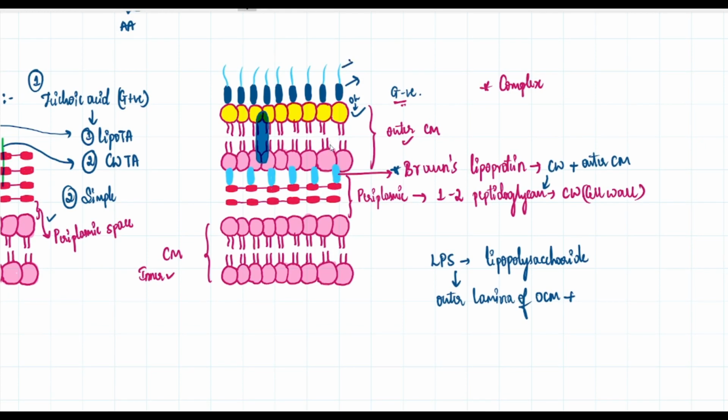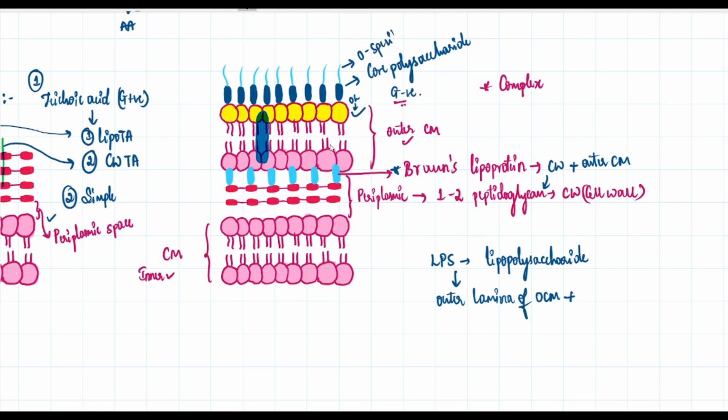The blue colored structure is called the core polysaccharide. And this tail-like structure is also a polysaccharide, but its name is the O-specific side chain.